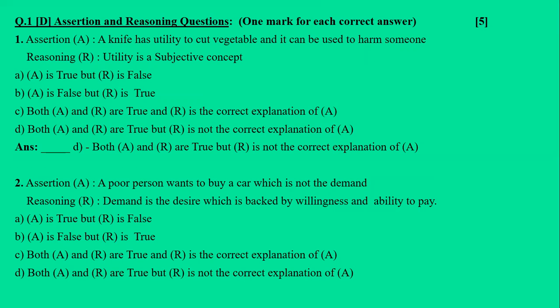C, both A and R are true, and R is the correct explanation of A. And D, both A and R are true, but R is not the correct explanation of A. What is the answer here? Answer C, that both A and R are true and R is the correct explanation of A.